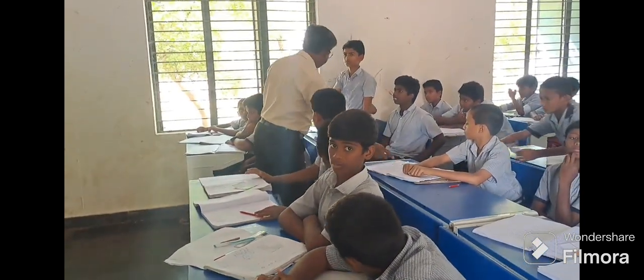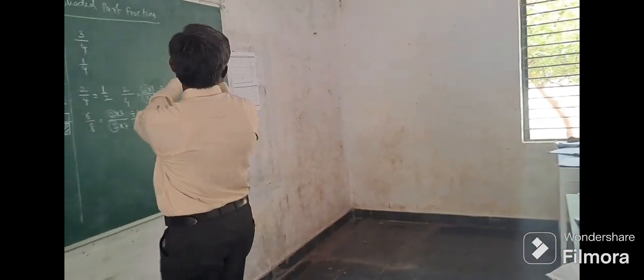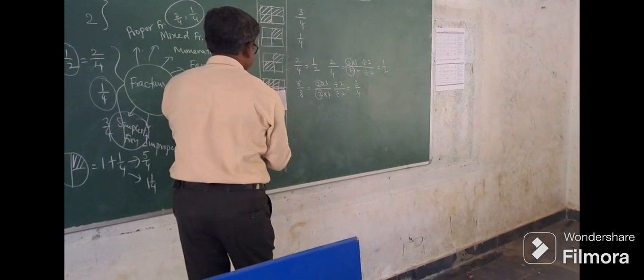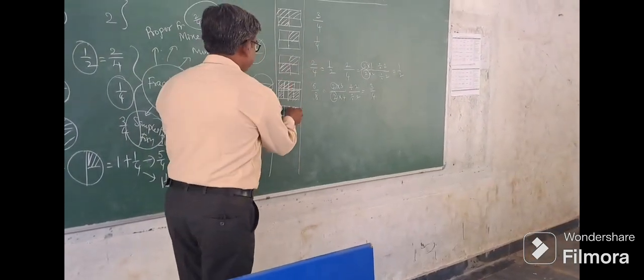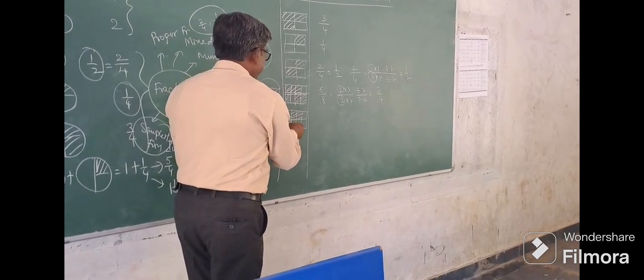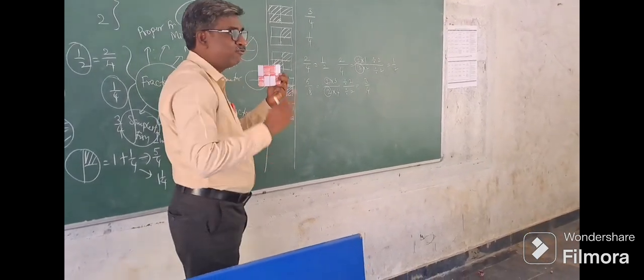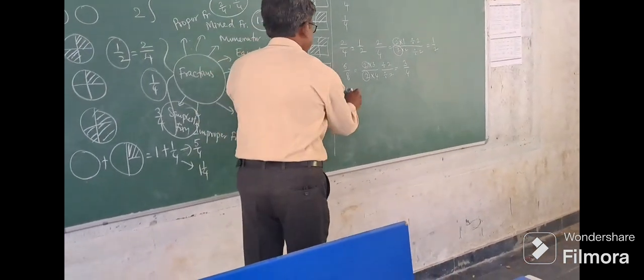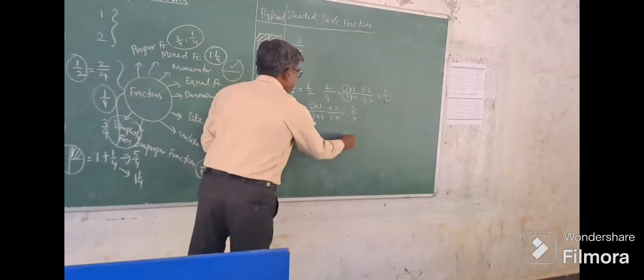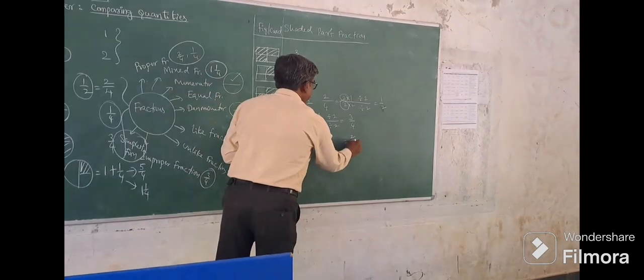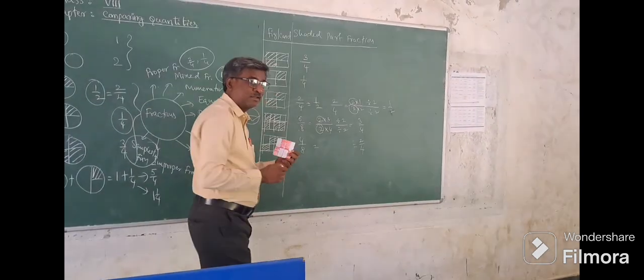The answer is 4 by 8. Again, the card is divided into 8 equal parts. Apart from that, how many equal parts are shaded? 4 equal parts. So this is 4 by 8, and its simplest form is 2 by 4.